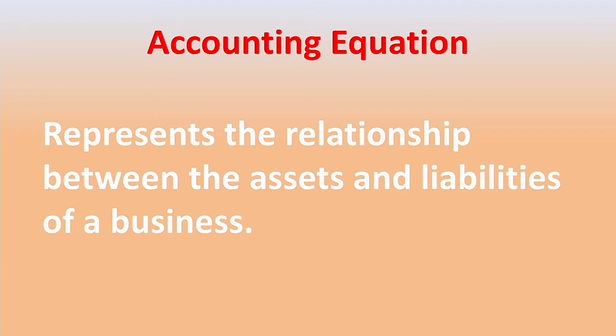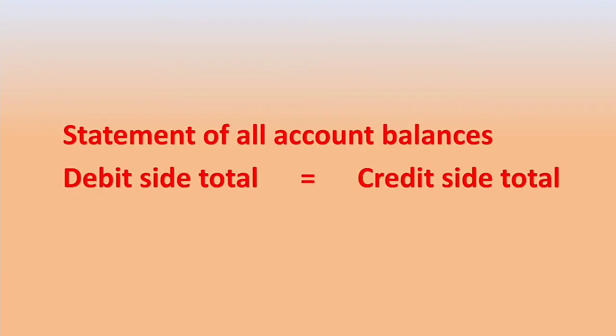So, if we are preparing a statement of all the account balances, we can say that total of the debit side must be equal to total of credit side, because for each and every transaction, debit amount is equal to credit amount. If we are preparing a statement of all the account balances, then which are these accounts?